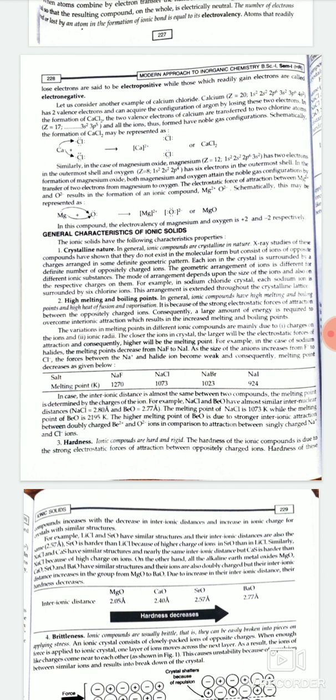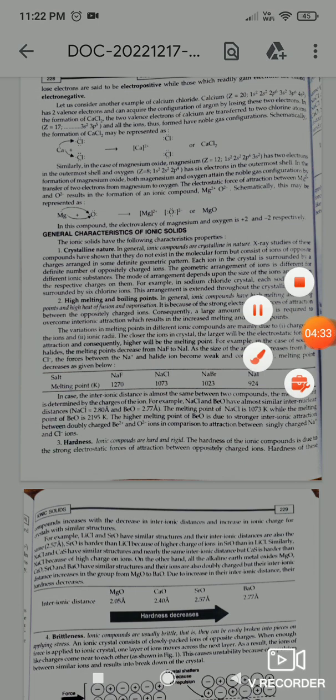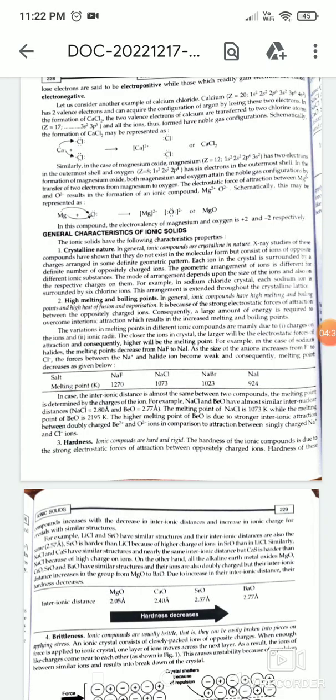The electrostatic force of attraction between Mg2+ and O2- results in the formation of ionic compound, that is Mg2+ O2-. Schematically, this may be represented as. In this compound, the electrovalency of magnesium and oxygen is +2 and -2 respectively.